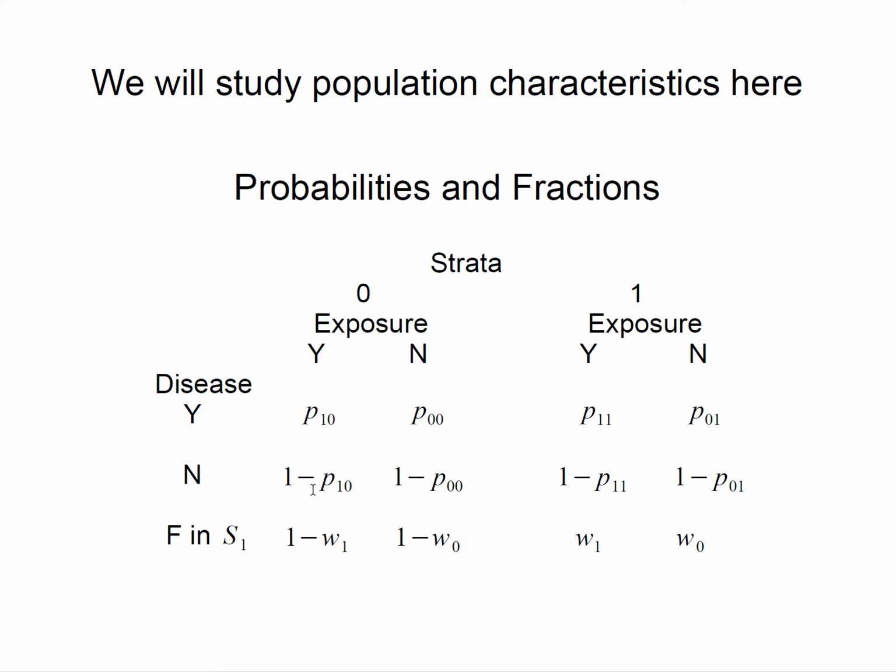And obviously then 1 minus that is those that did not. All right, so we have four probabilities. The probabilities for the outcome being present or the person having disease. These four probabilities: we have 2 for strata 0, exposure yes and no, and 2 for strata 1, exposure yes and no.